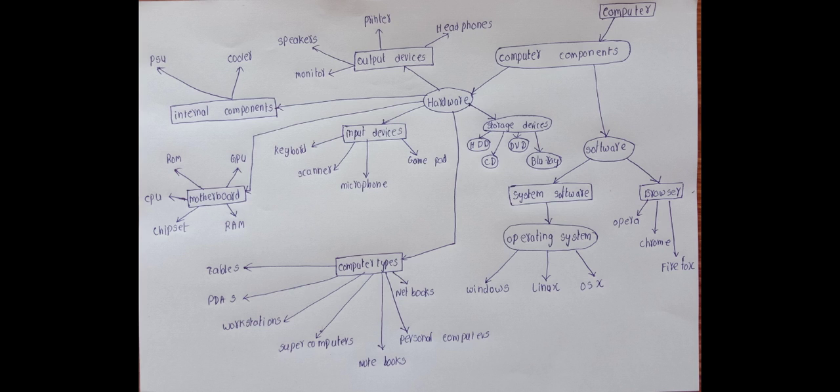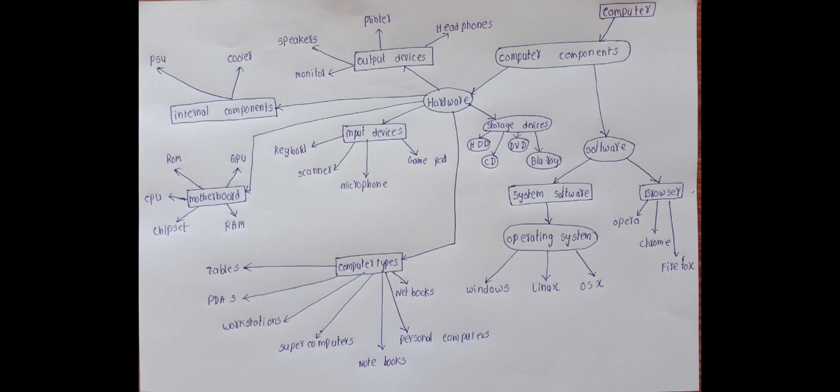And the output devices are classified as speaker, monitor, printer, headphones. The storage devices are HDD, CD, DVD, and Blu-ray, which is a high quality storage device. And the input devices are keyboard, scanner, microphone, gamepad.